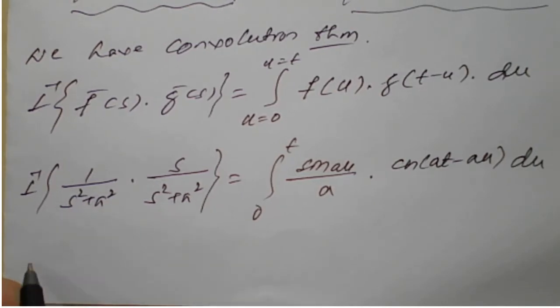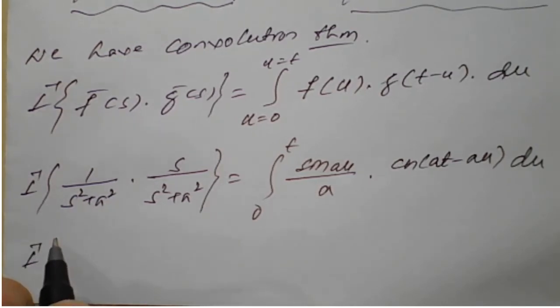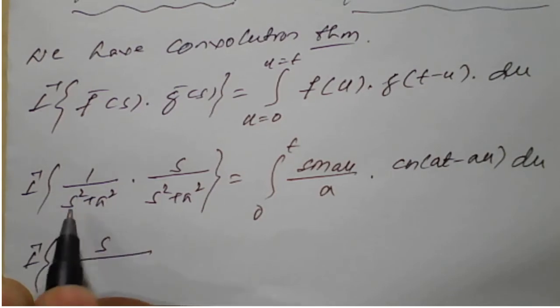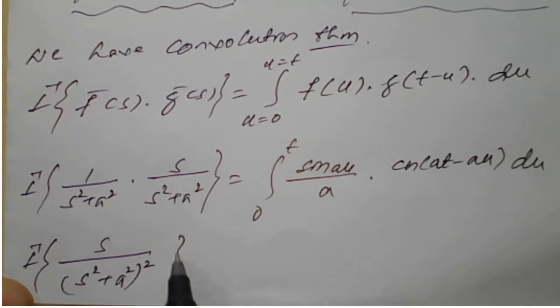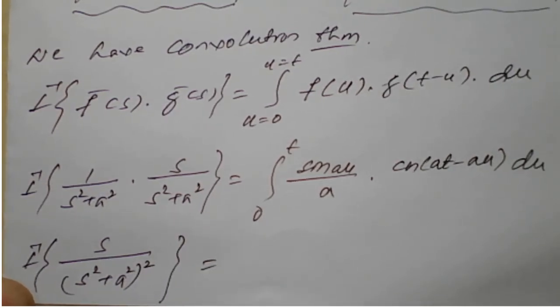On multiplication, the inverse Laplace of s divided by s square plus a square, s square plus a square, becomes s divided by (s square plus a square) whole square, which is nothing but our required question.